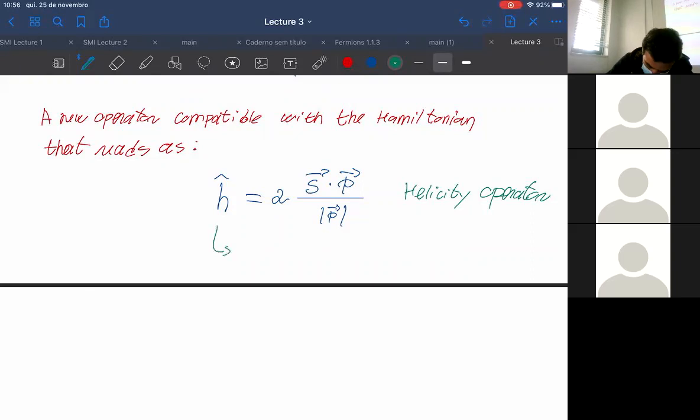This represents the projection of the spin along the momentum direction.